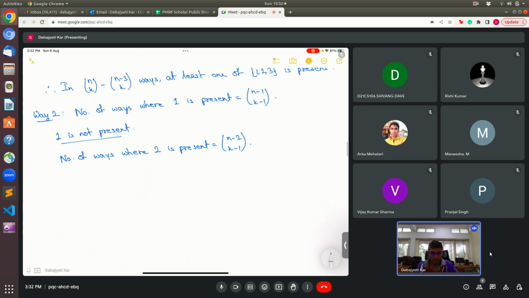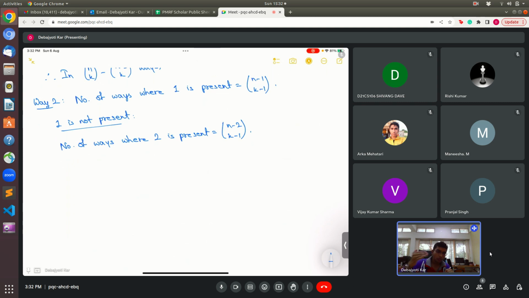Okay, so then what are we left with? We need to only consider the case where both 1 and 2 are not present. We have already counted the cases where 1 is present and when 1 is absent and 2 is present. So the only case we are left to consider is when both 1 and 2 are absent and 3 is present.